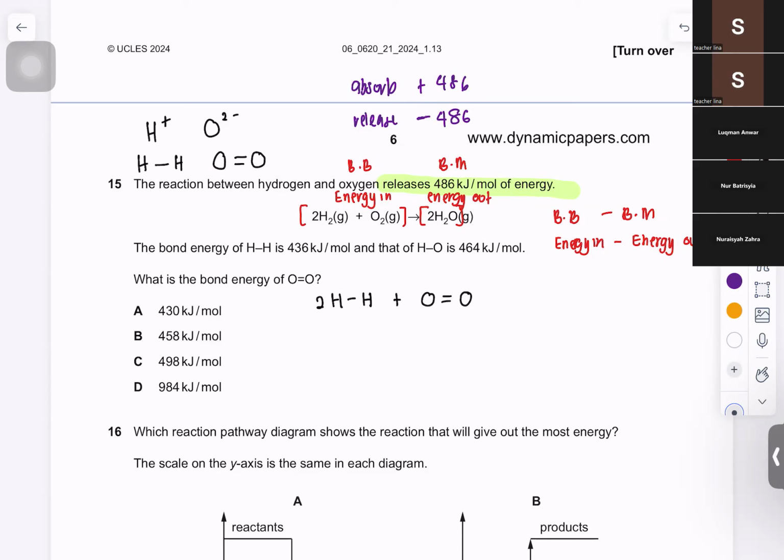Because O2 minus means 2 bonds for the oxygen. So O, double bond, O.